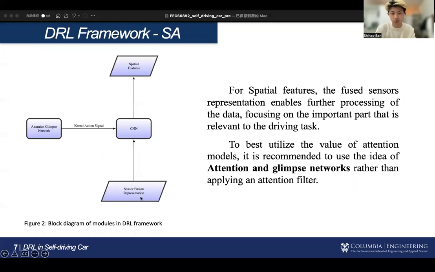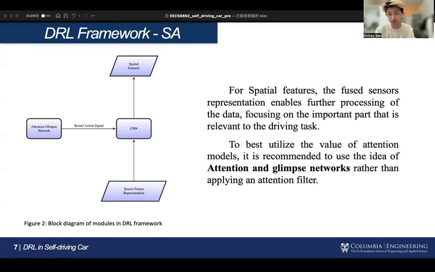And as we discussed above, we have the sensor fusion representation, right? And we also got the CNN method. For the last part, we got the fusion sensors representation, which enables further processing of the data, focusing on the important parts that are relevant to the driving task.